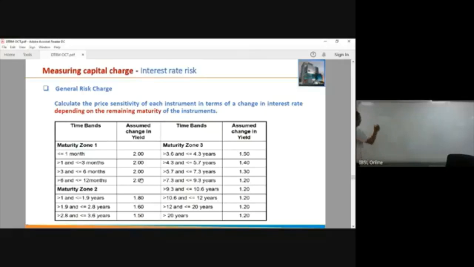Today you have a treasury bill of 100 rupees, and your yield rate, the same example I'm taking, is 10%. This bill will mature in the remaining maturity of 10 months. So first of all, we need to compute the market value.